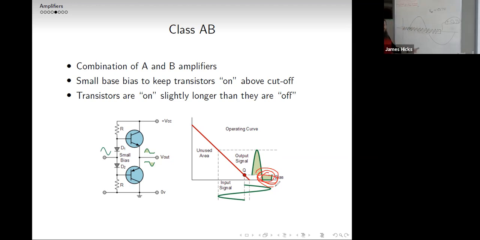But that's okay to have that little bit of zero crossing distortion here, because when I switch to the bottom transistor, it's going to have the exact same thing, but its distortion will be where I'm already able to fully amplify.